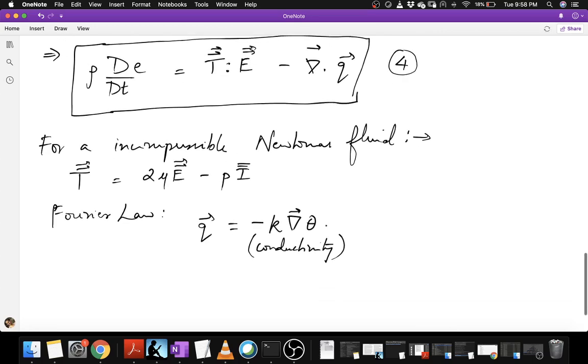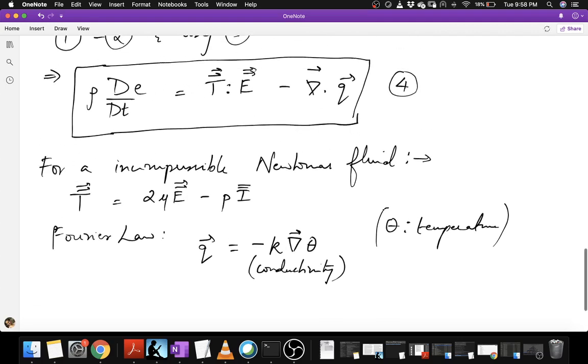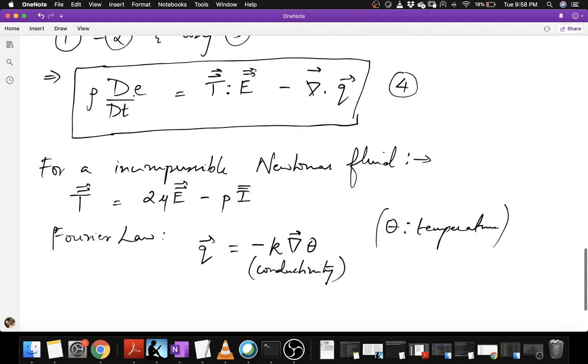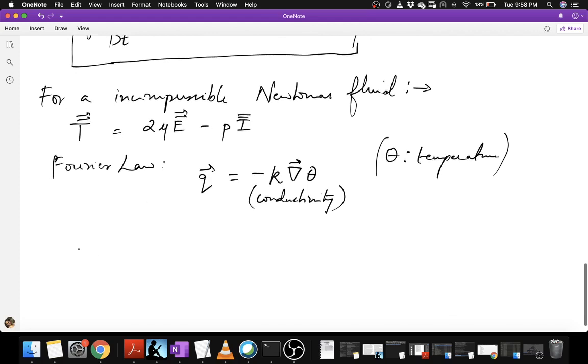And now since we've introduced the temperature theta, so theta here is temperature, it will be nice to represent the internal energy per unit mass E also in terms of temperature, or the rate of change of that quantity in terms of temperature.